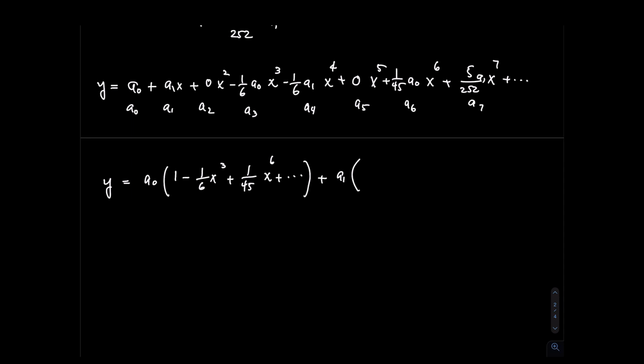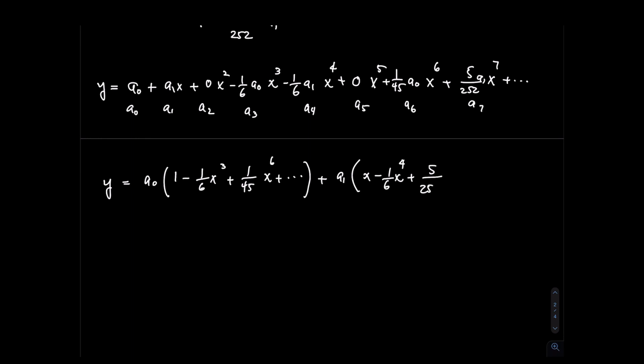So if I pull that out, I'll have x minus 1/6 x to the fourth plus 5/252 x to the power of 7 plus dot dot dot.